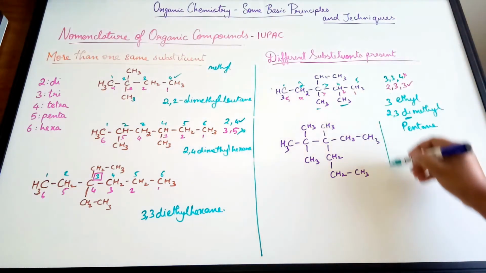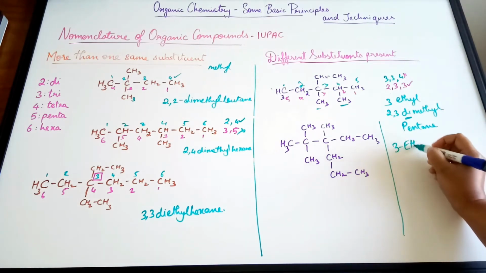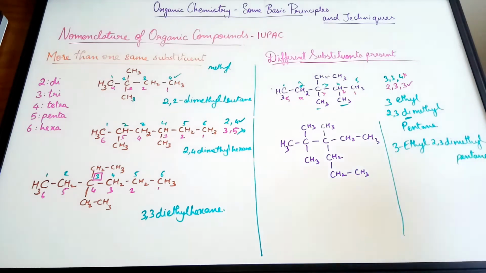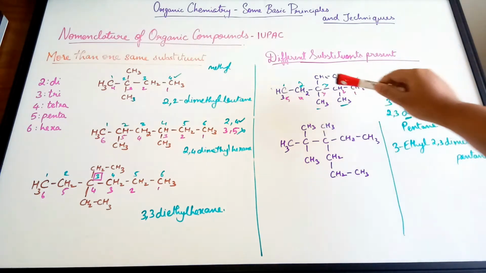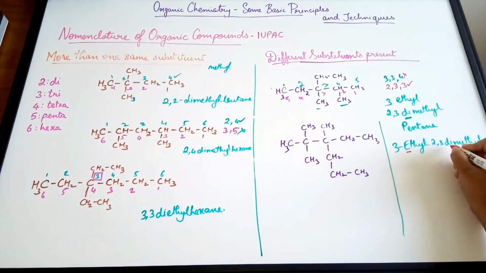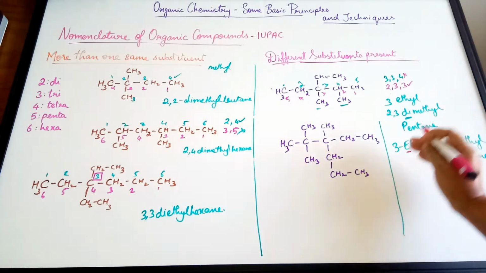So the name of this compound will be 3-ethyl-2,3-dimethylpentane. So we have 3 substituents, 1 ethyl and 2 methyl groups. So E comes before M, and so ethyl will be placed before methyl.